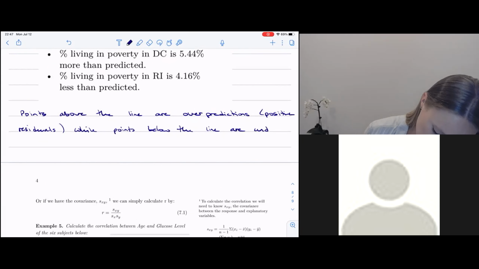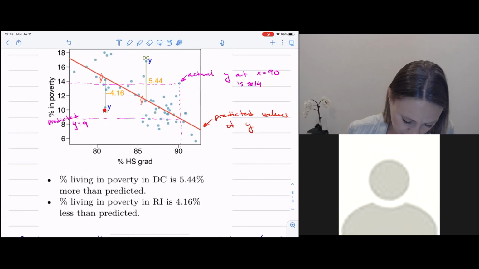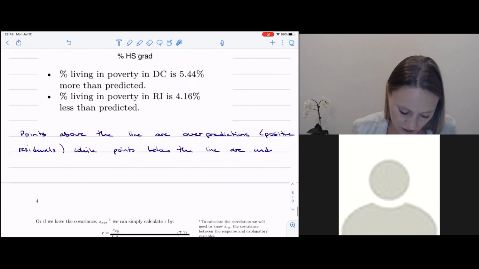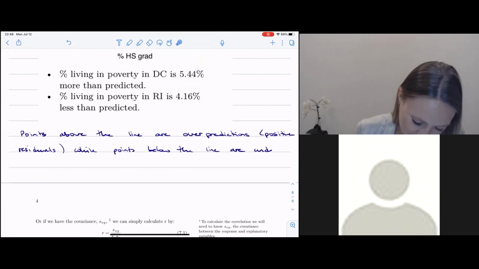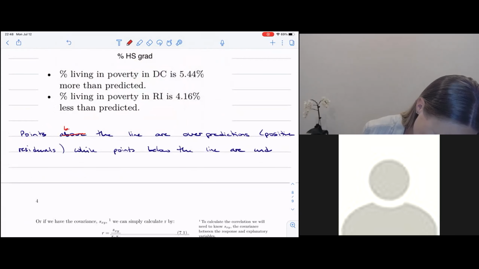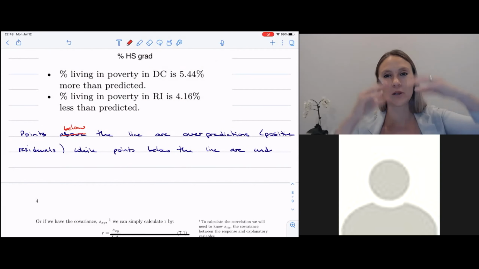are under predictions. Wait, am I doing that right? No, it's the opposite. I over predicted if it's below the line, but it's less than predicted. That's what threw me off. Excuses. Here, all I need to do is change one thing. Points below the line are over predictions because the points are below the line, right?